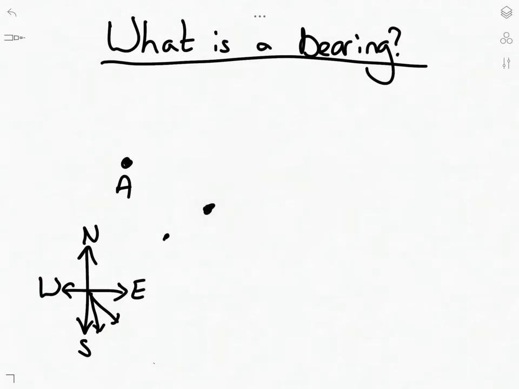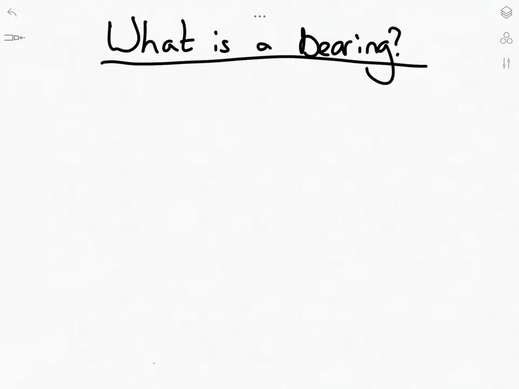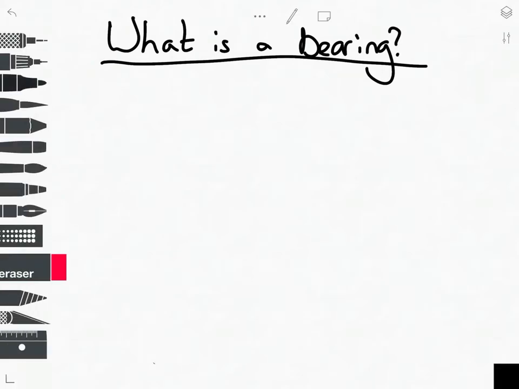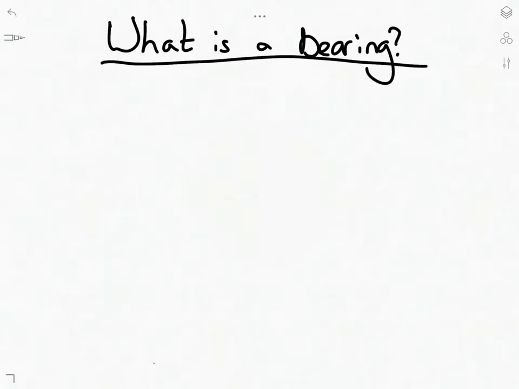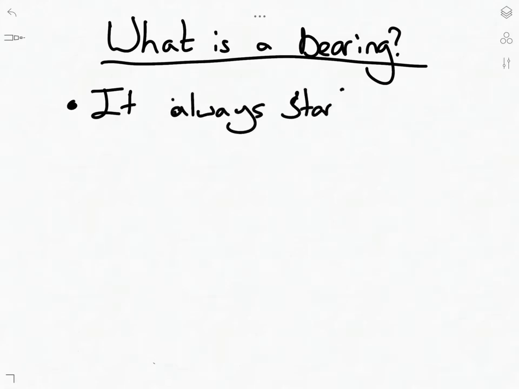So in maths we use numbers. A bearing is just a direction as a number, and it's got some rules. Firstly, it's always measured from north. Always. I say it starts at north, and if that doesn't make sense to you, just watch the examples, and it should make sense.